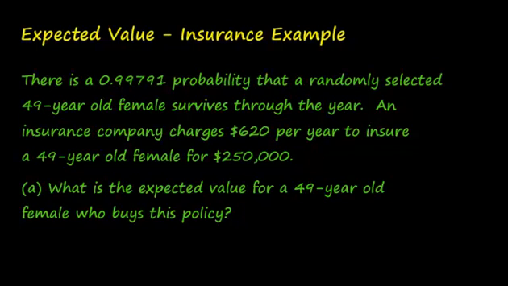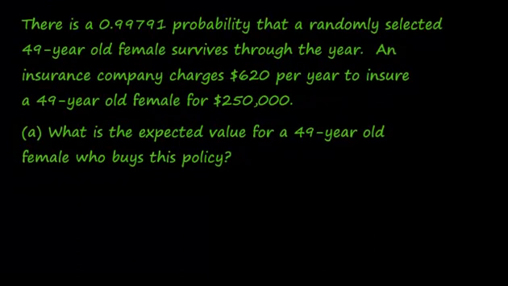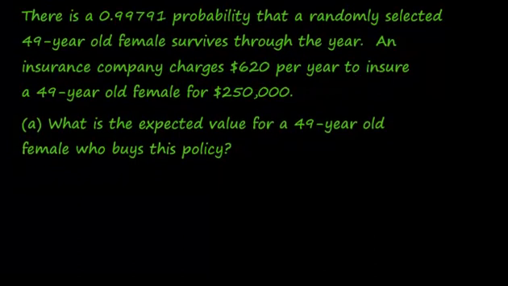Let's scroll up and get a little bit of room here. So our possibilities now, like in gaming, where we said the person wins or they lose, in life insurance they either live or die.